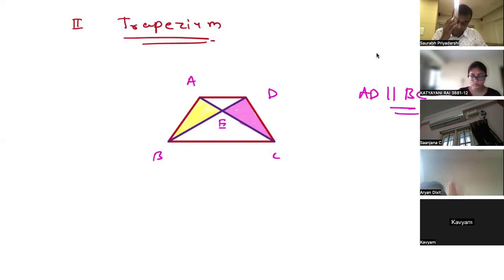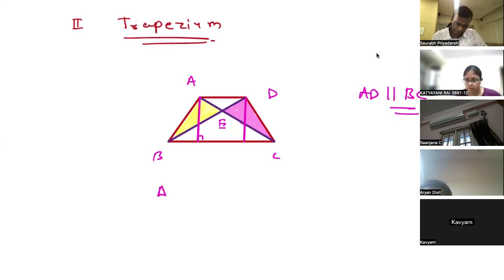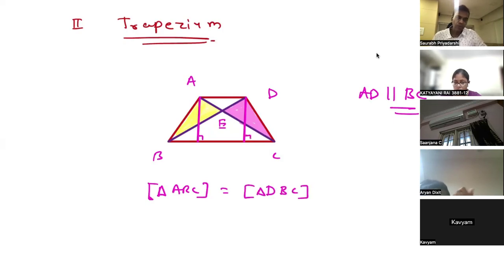What I'm saying, if you see the area of ABC, if I drop the perpendicular on this, and the area of DBC. Can I say both are equal? Why? Because both have the same heights.